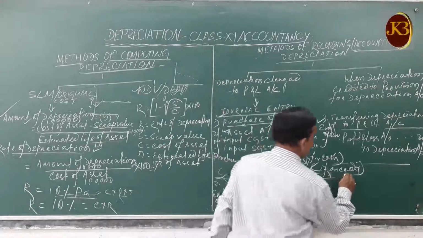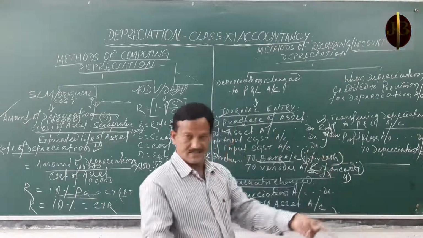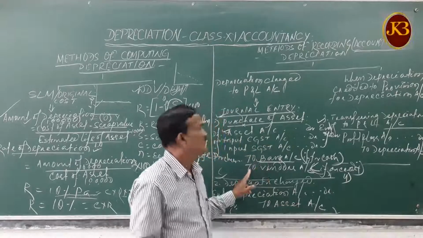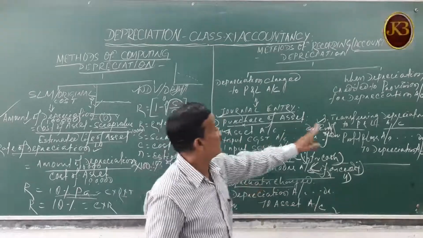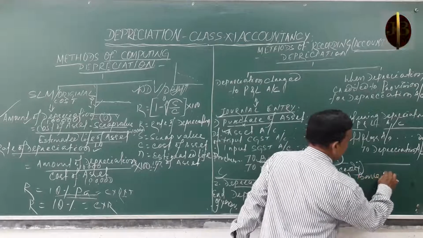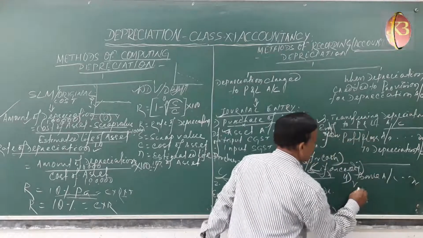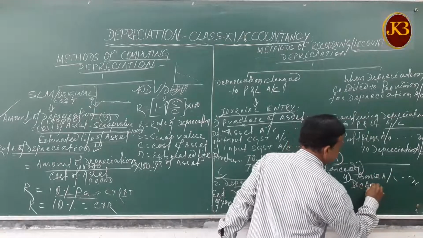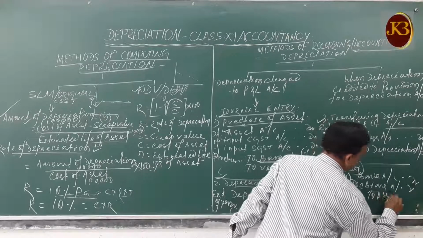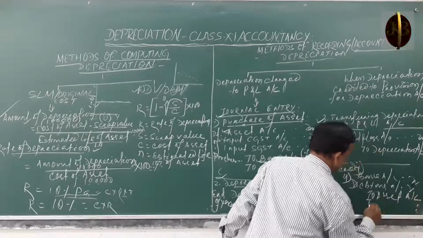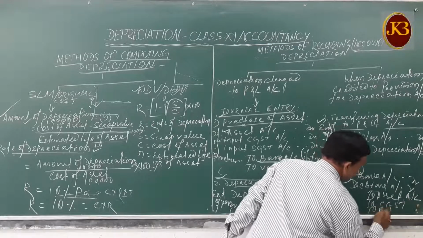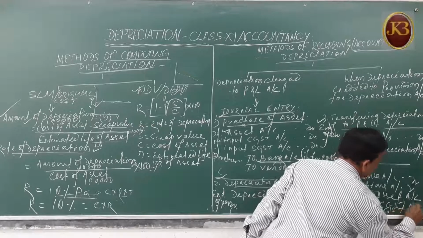Then the fourth entry is for sale of assets, if any assets are to be sold. Likewise the purchase of asset, you can do the sale of asset. So bank account debited or debtors account debited, to asset account, to CGST, to SGST account.